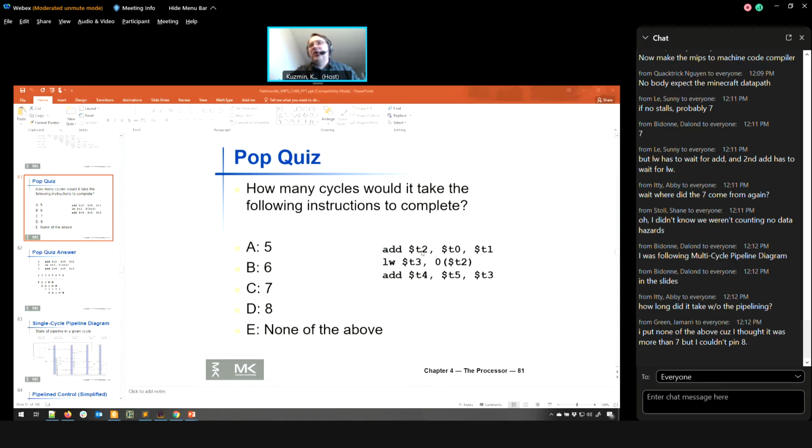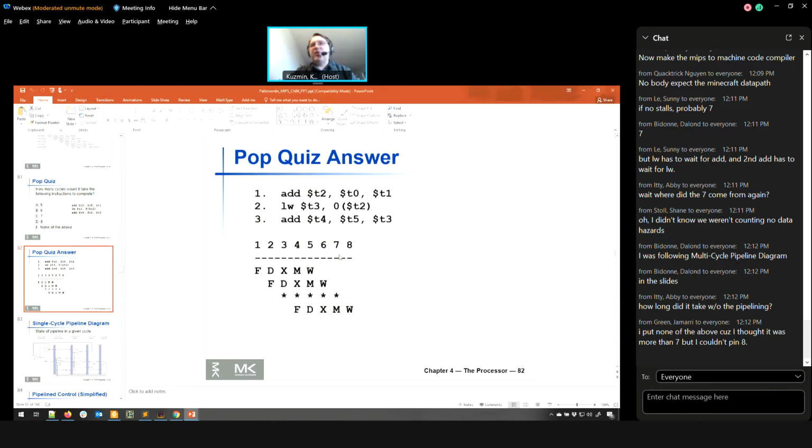The add will write to T2, and then LW is going to read T2 because it is the base address for the data memory access. So obviously there's a hazard right there, and it's going to be at least 8 and maybe more, but we shall see once we plot our multi-cycle diagram.